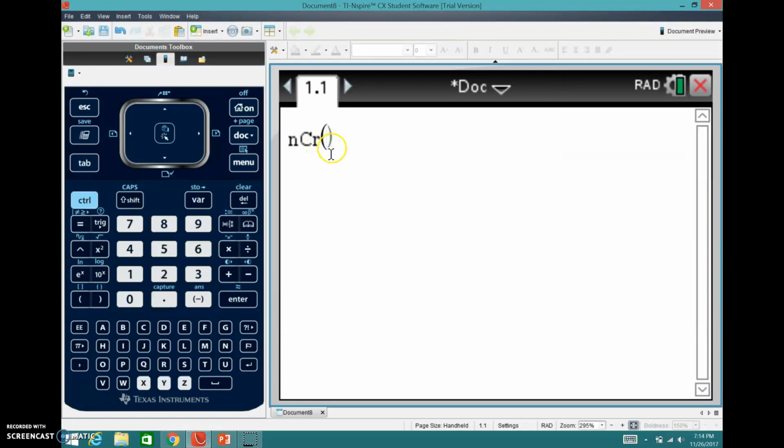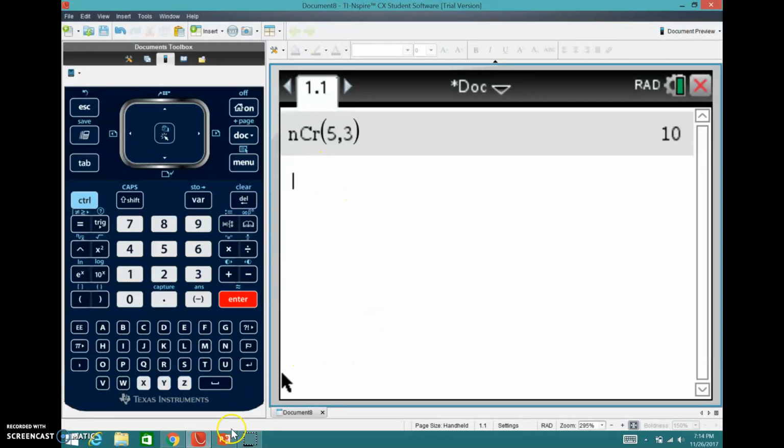The syntax for this is a combination, n choose r. They use the letter r; our book uses the letter k. So what you're doing is you say 5, then comma, 3, and you can see that answer gets us 10.